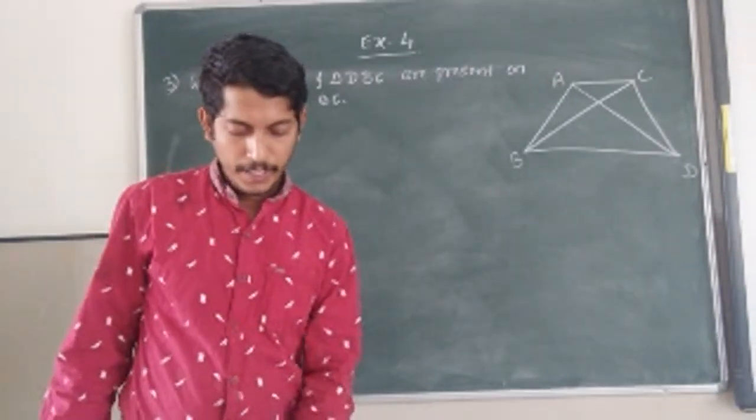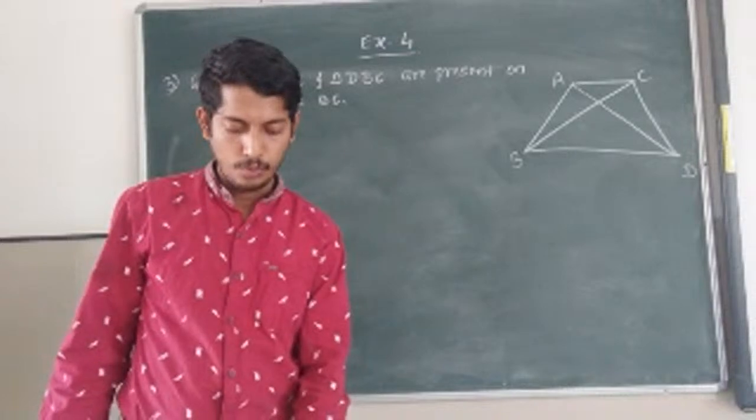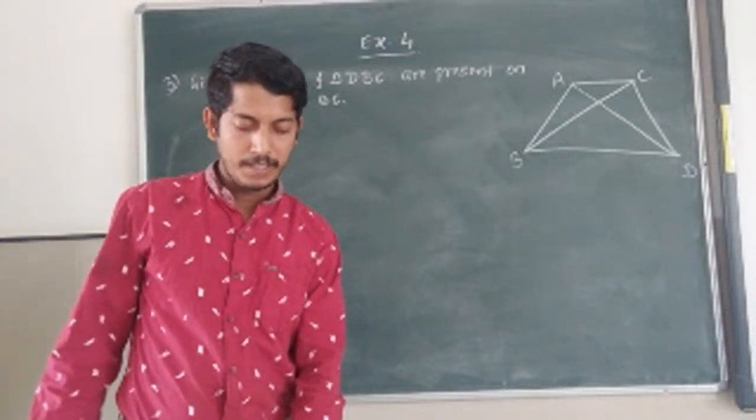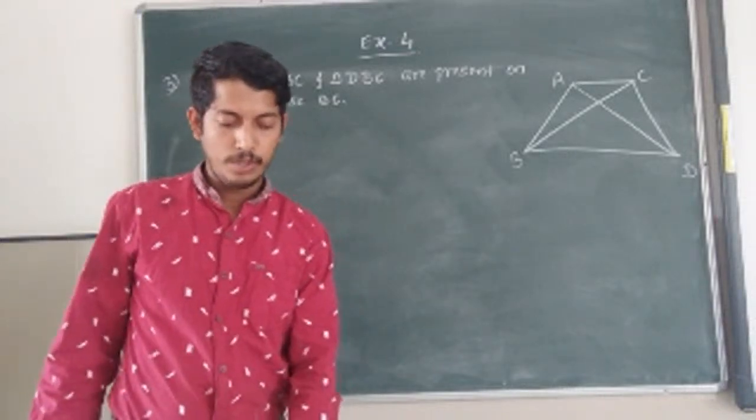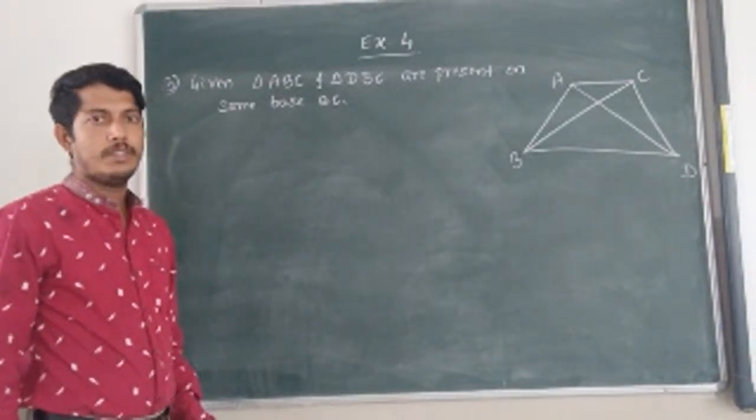The next condition is that AD intersects BC at O, and we have to show the ratio of the areas of the two triangles.